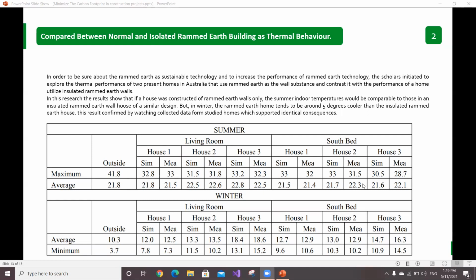Another thing, we started asking ourselves, can we use insulation material with rammed earth? I found a study talking about normal rammed earth without insulation material and another with insulation material. I found that yes, we can use it, and sometimes we have to use it in some conditions.